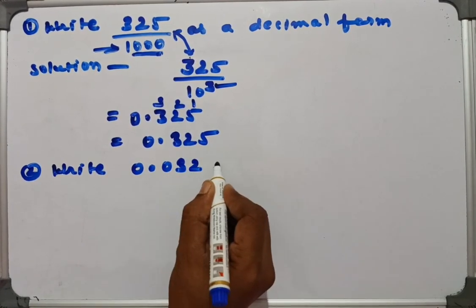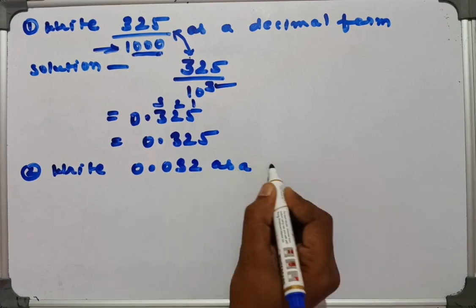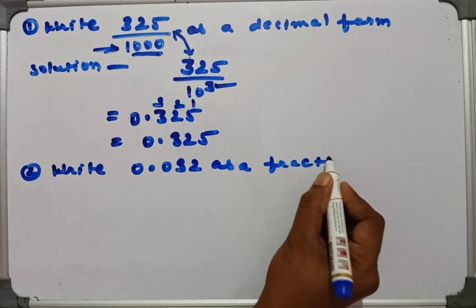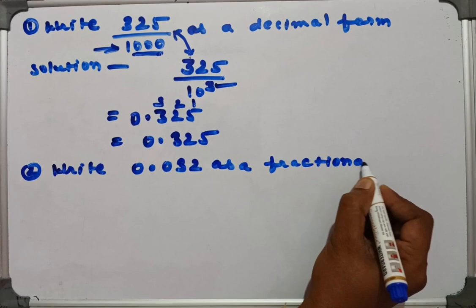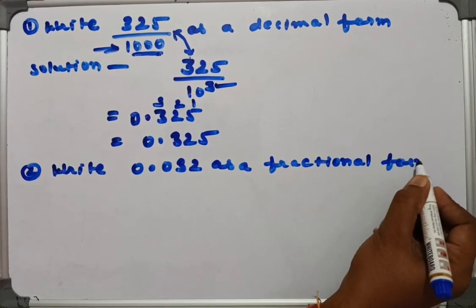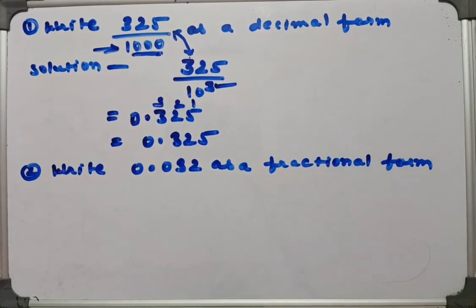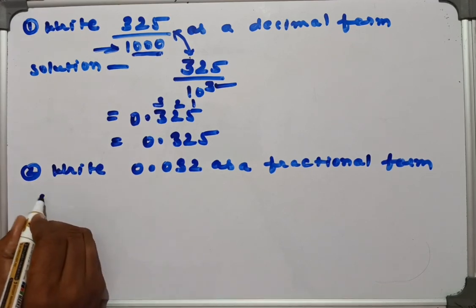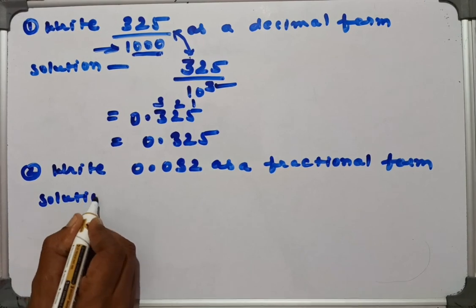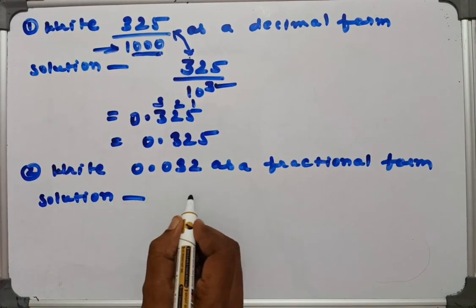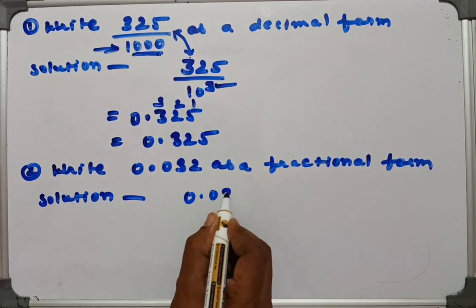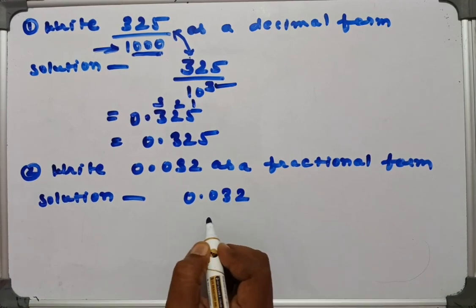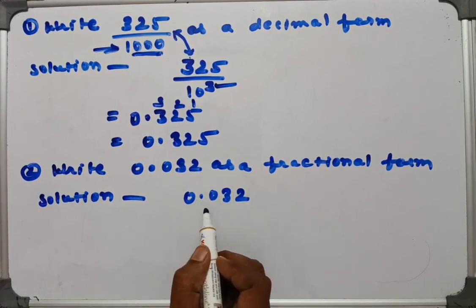Okay guys, second question: write 0.032 as a fractional form. So how could you make the solution? Solution: first we write this number. Now see how many decimal places are in this question.